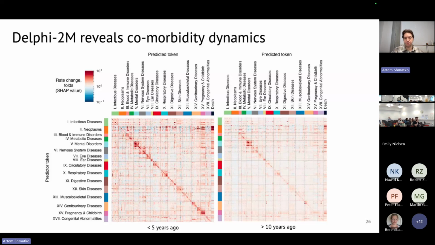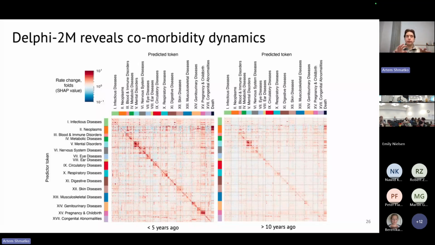influence on each other. Also notably, the biggest contribution to the increased death risks comes from cancers, neoplasms, chapter 2 of the ICD, which I guess makes sense.